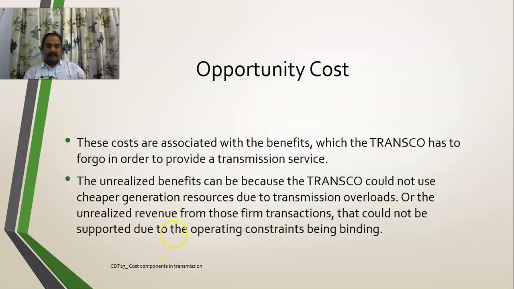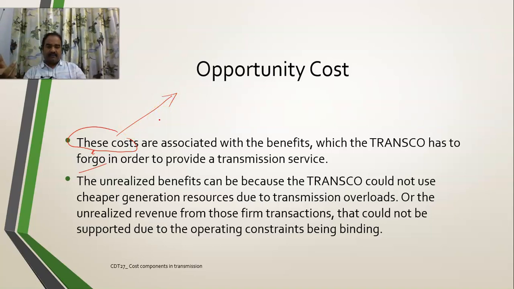Next is opportunity cost. Opportunity cost includes those costs where the Transco has foregone its benefits in order to provide a transmission service. So whatever benefits it has foregone, it will try to extract them from the users. So those costs will be represented as opportunity costs.